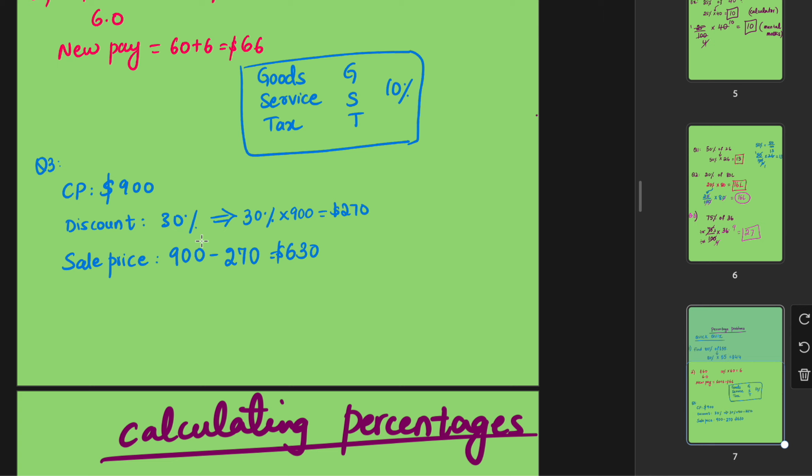So how would you figure out the sale price? 30% of 900 is $270. That means you are saving $270. So the actual sale price should be 900 minus 270, and that would result in $630.